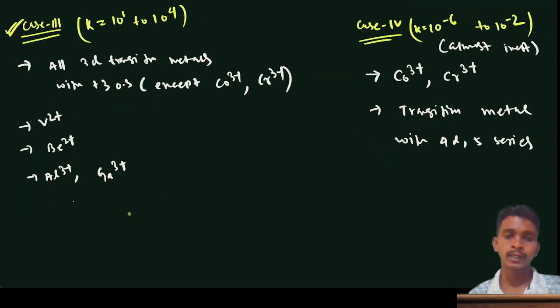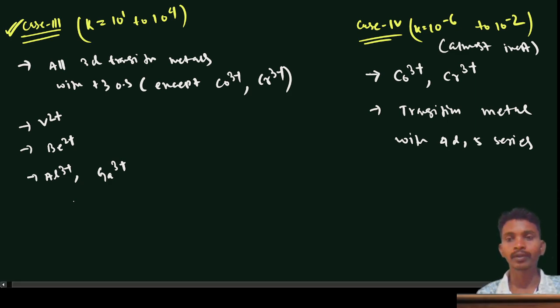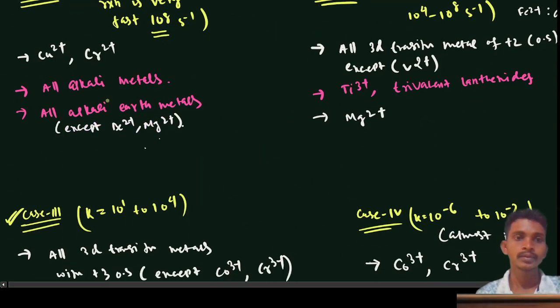This only helps to understand how to classify lability and inertness. For transition metal complexes it's very easy because we know the rules for labile and inert compounds. For non-transition metal complexes we have to remember a little bit of this.